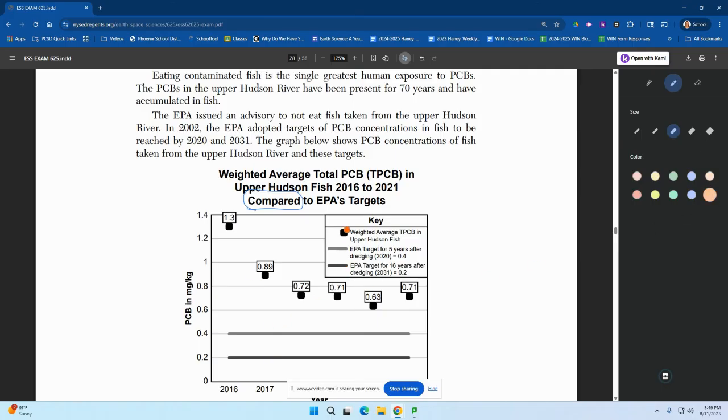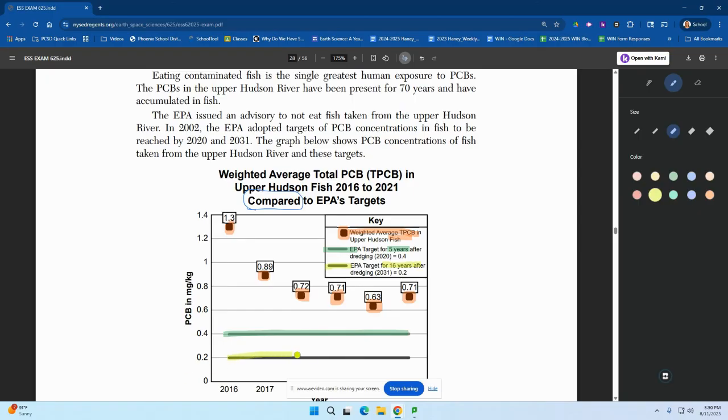So they've told me that these black boxes are the weighted average in the fish. And so that's going to be these here. And then they've told me that these lines are going to represent my EPA target.